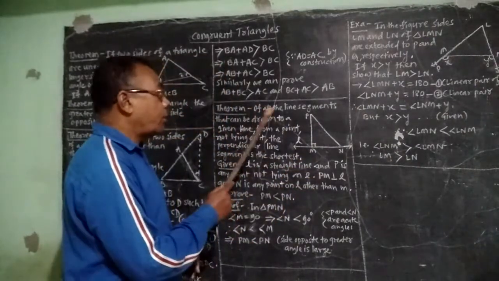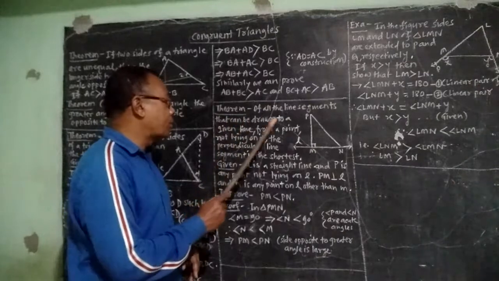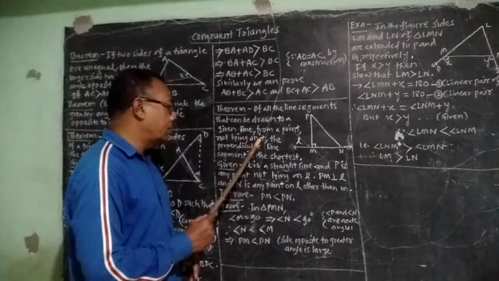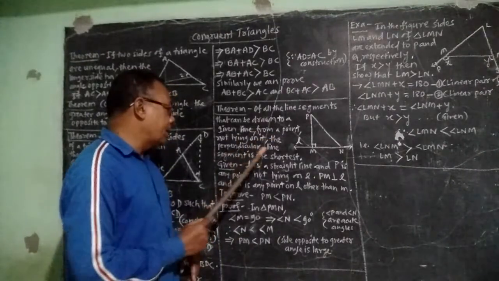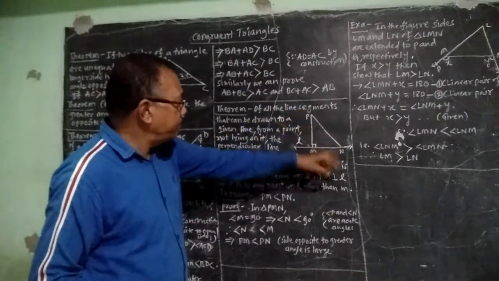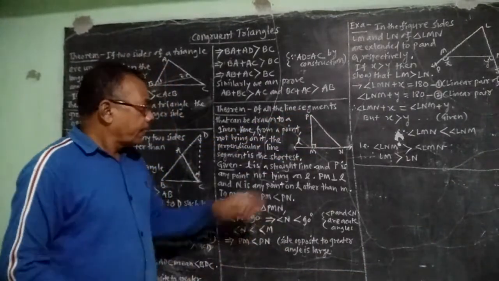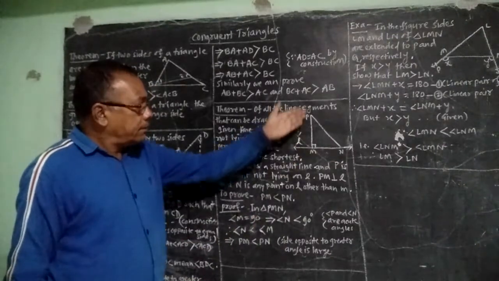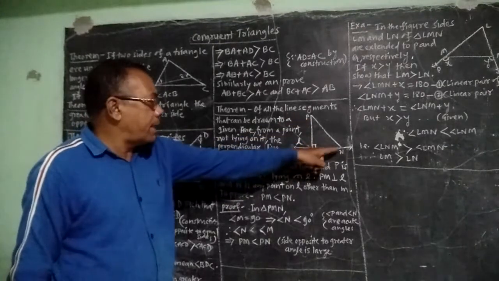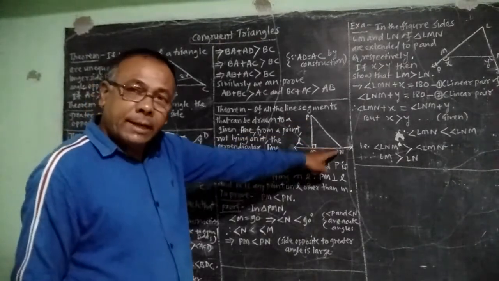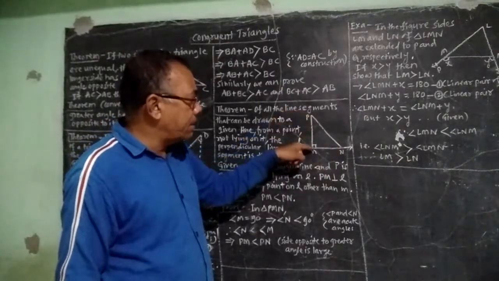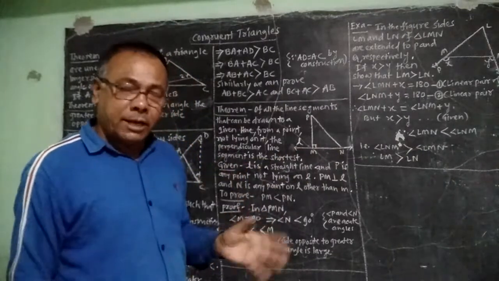So of all the line segments that can be drawn to a given line from a point not lying on it, the perpendicular line segment is the shortest. Means PM is shorter than PN. Here we know that PM is perpendicular, so angle PMN is a right angle, and if we join PN, then we will get PMN as a right angle triangle.